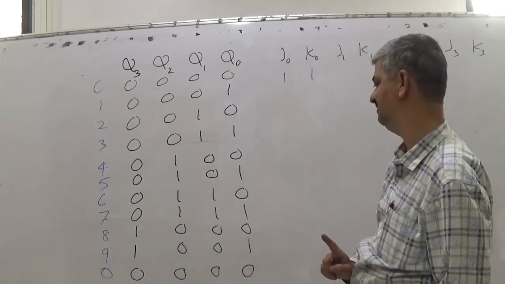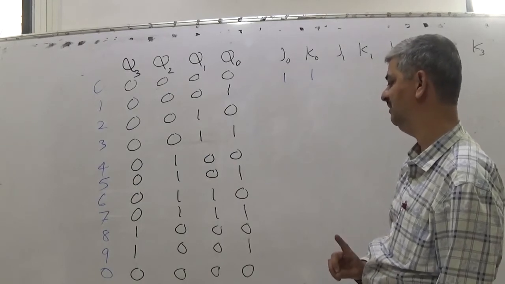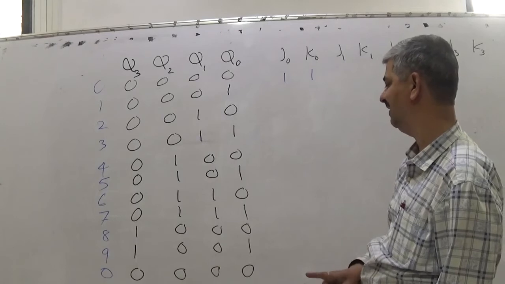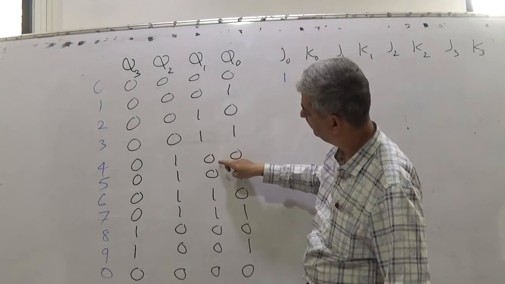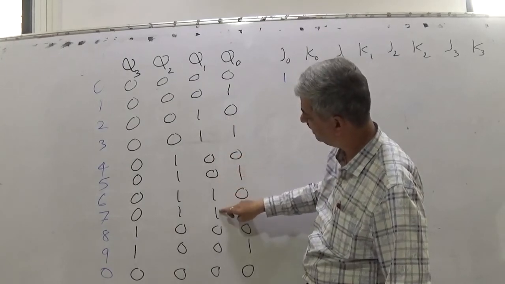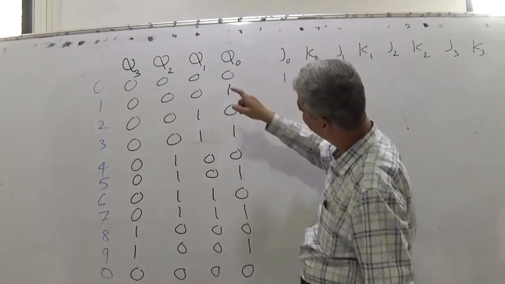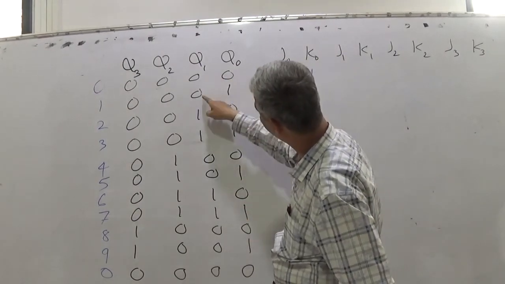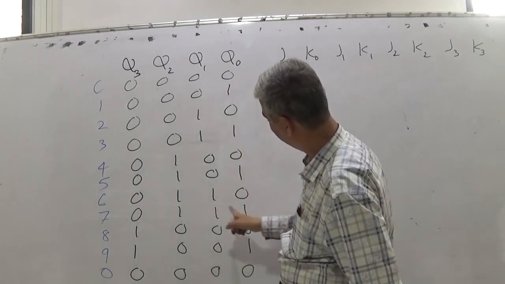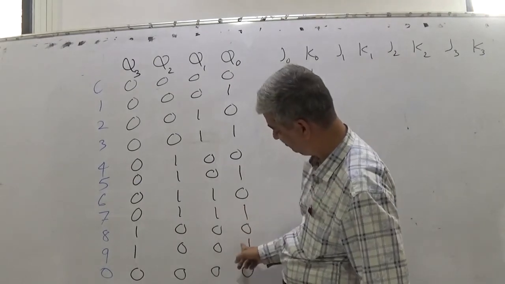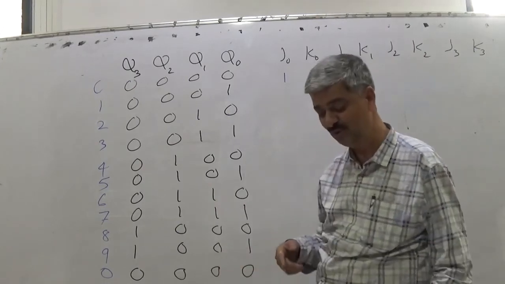Now here there is one problem, and that problem is that after 9, same, toggle, same, toggle. So you can say, yes, same when this is 0, toggle when this is 1, but here when this is 1, it is remaining same. So you have to rethink.